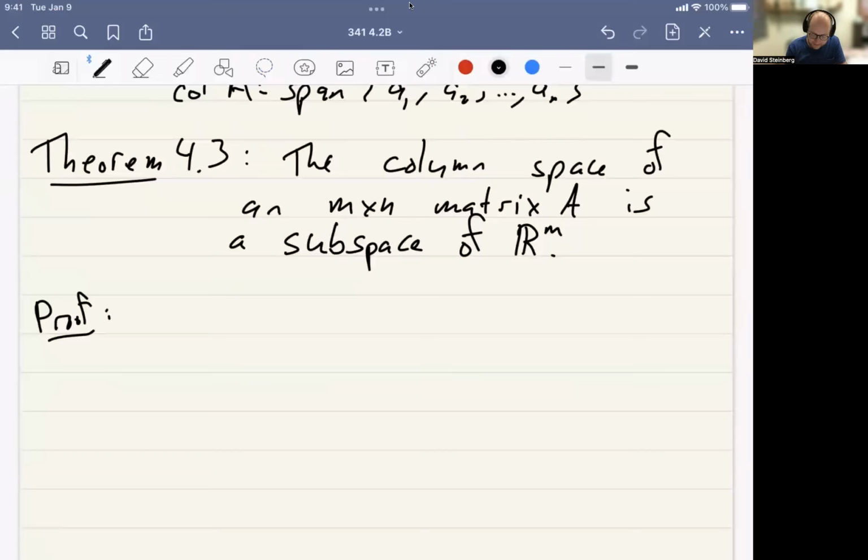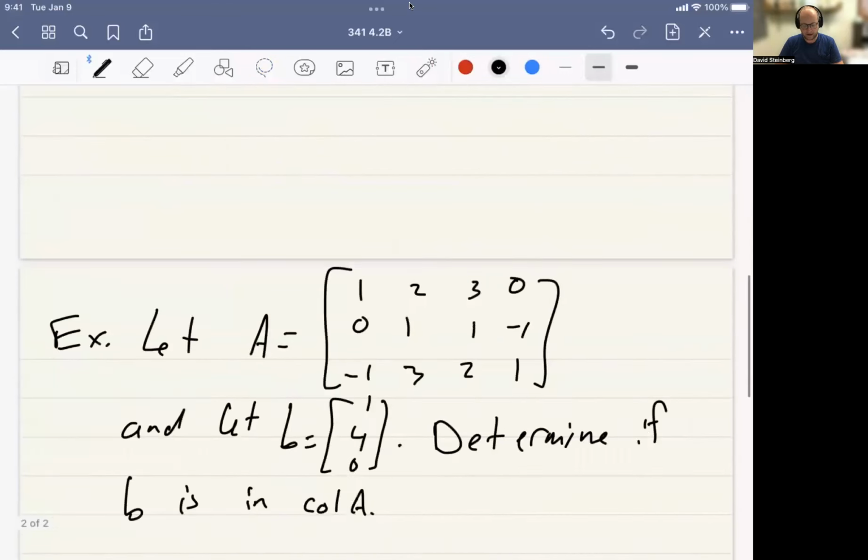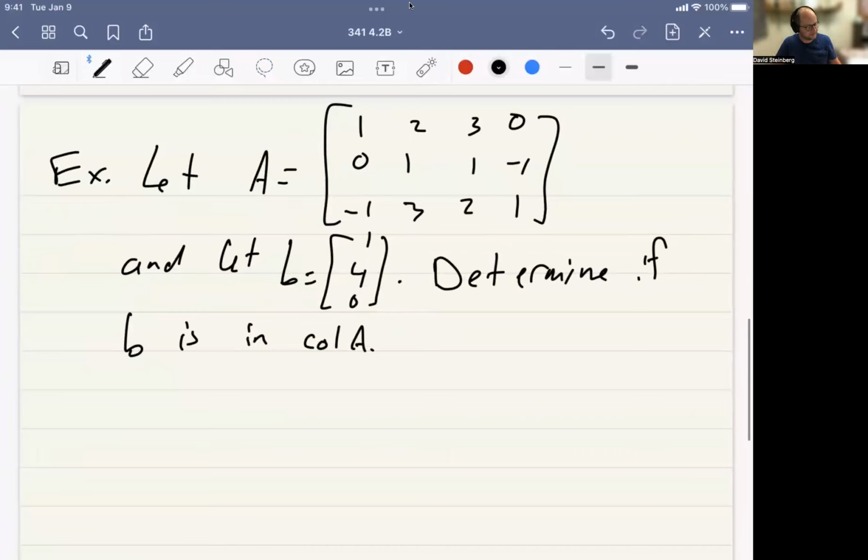So the column space of A is a subspace. Boom, sorted.